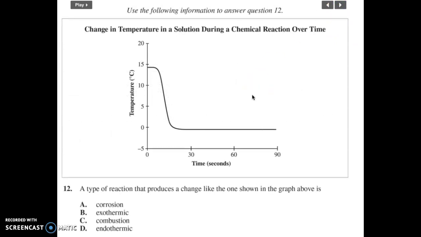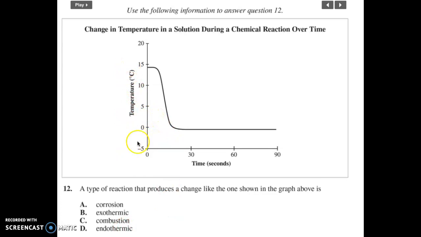All right, in this graph, you have what's going on in terms of corrosion, right? Rust, you add oxygen, and you get something like iron oxide. Exothermic releases heat. Combustion is burning, so you add oxygen, and you get usually carbon dioxide, water vapor. And endothermic is taking in heat. So let's take a look.